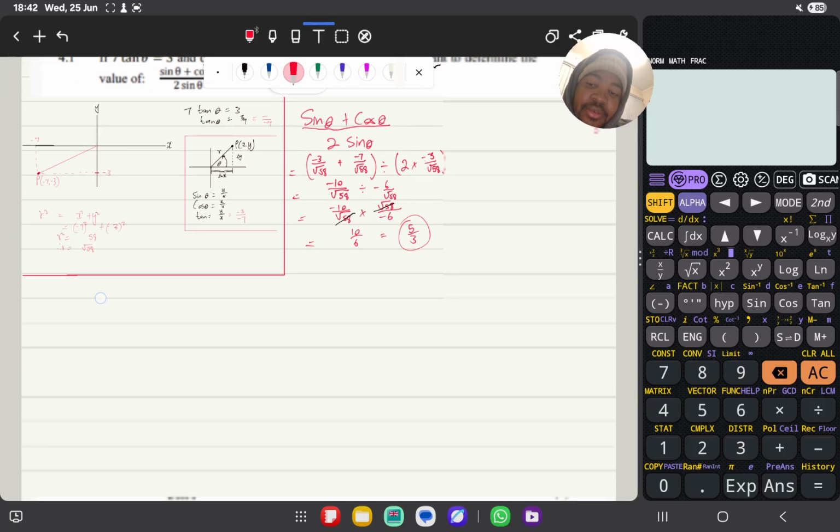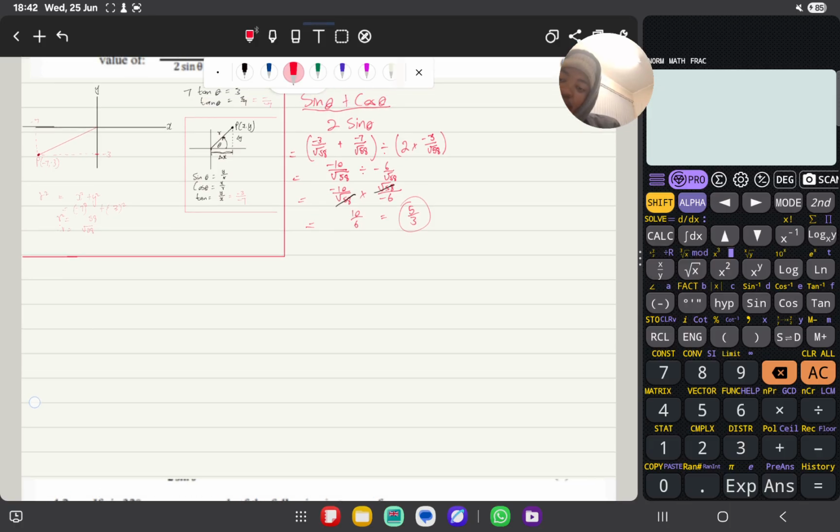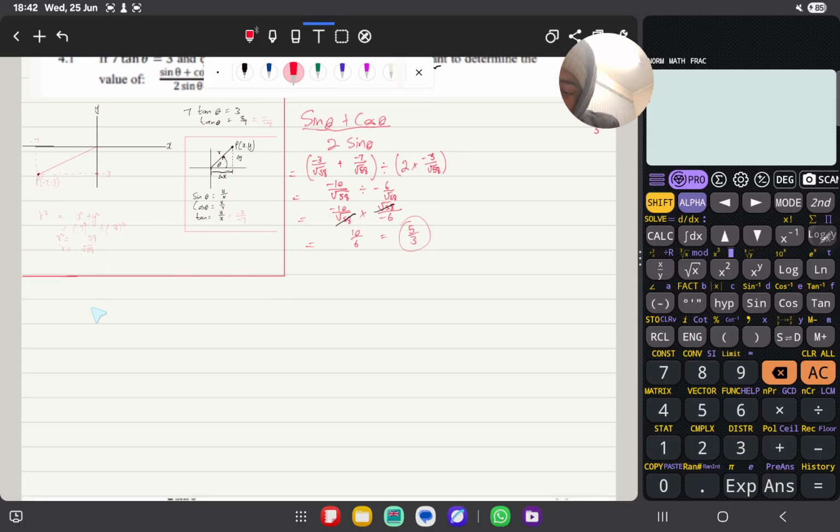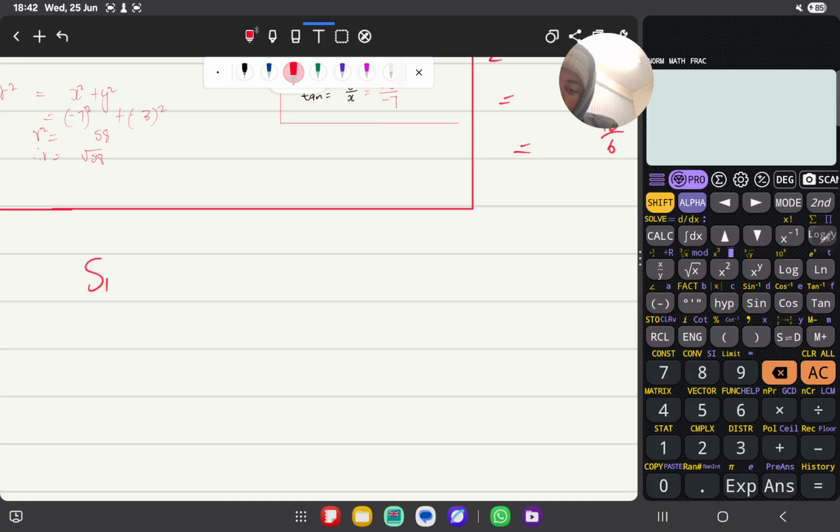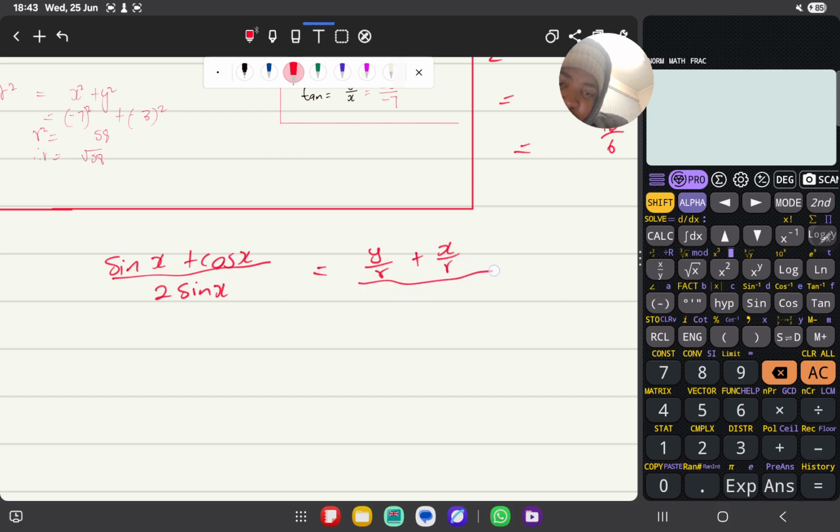Alternatively, if you do not like messy things, you could say that sine x plus cos x over 2 sine x equals y over r plus x over r divided by 2 into y over r. So then you have y plus x over r divided by 2y over r.